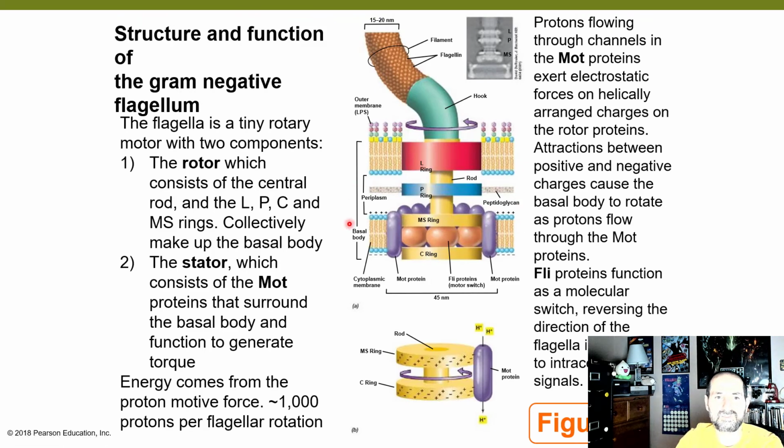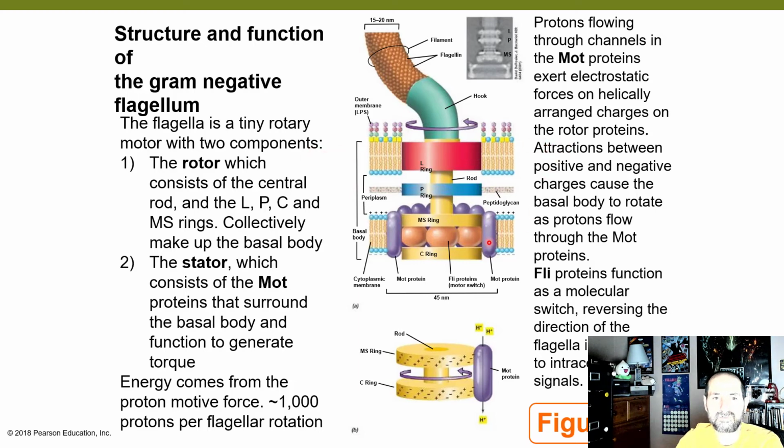So here you can see the mechanism by which the flagella functions. Here is a gram-negative bacterium. I know because there is the plasma membrane here, and then you have the periplasm. Inside of the periplasm you have the thin peptidoglycan layer, and then you have the outer membrane of the gram-negative bacteria.